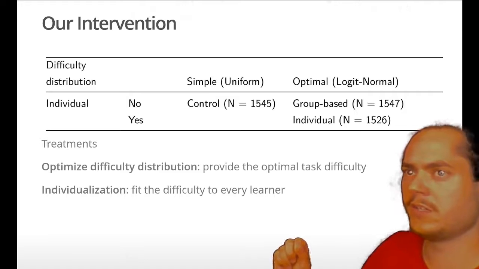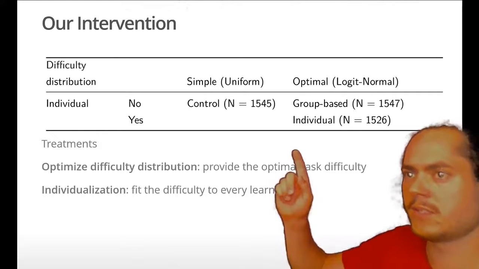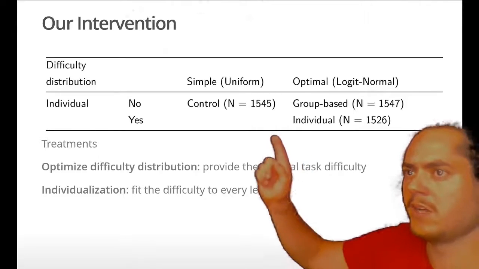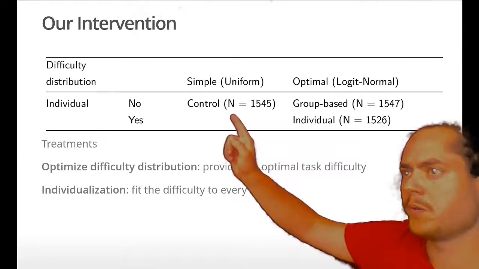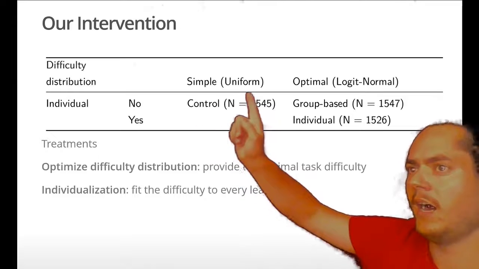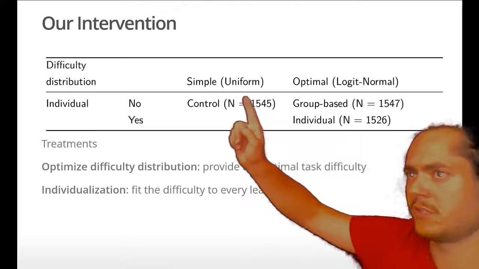Our intervention uses a little more than 4,500 students that learn in a college level learning platform. So in the control treatment, we both use non-individualized content and provide them with a very simple difficulty distribution.